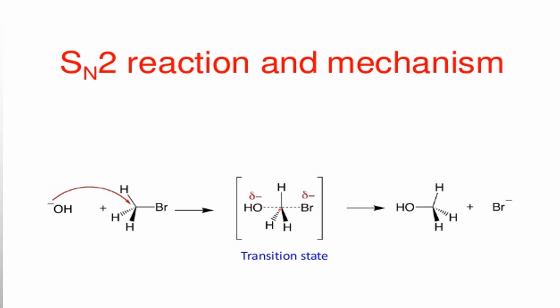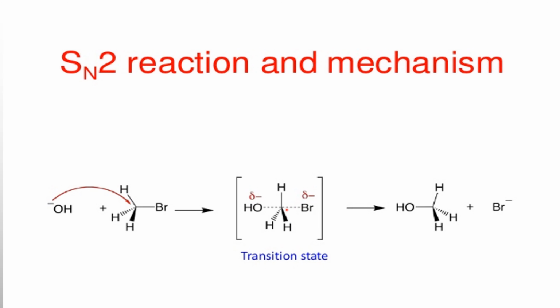Now this carbon is called pentacoordinate carbon. It is the transition state. Now, transition state is not an intermediate. It is not a species in the reaction. It is not a reaction coordinate, but a transition state, a particular state or stage in the reaction through which the reactants go to form the product.